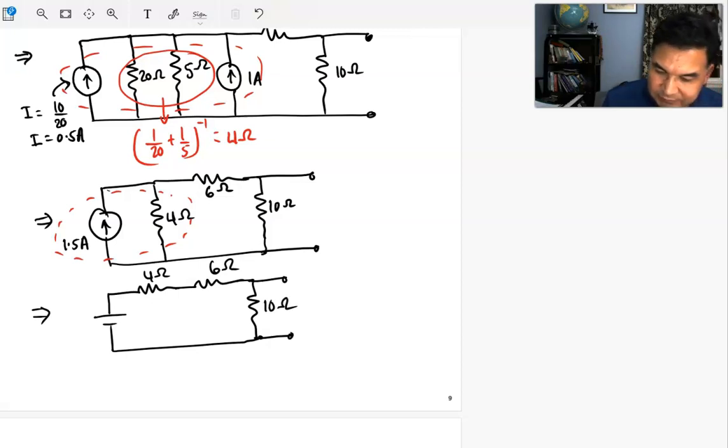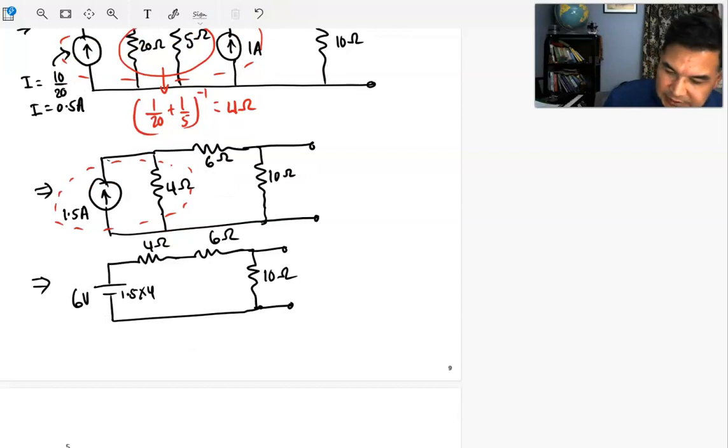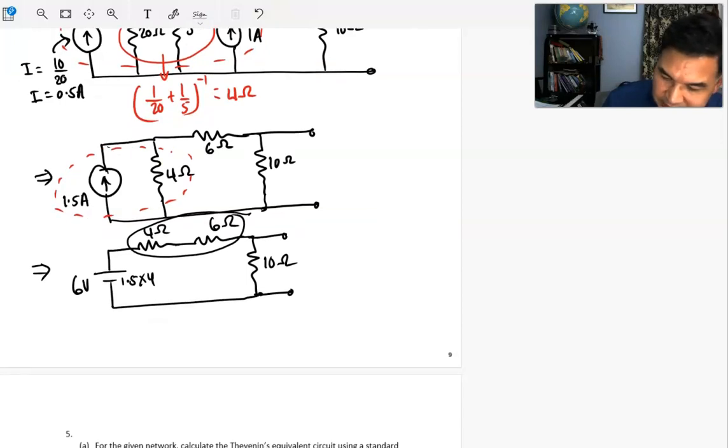And now how much will be the voltage? The voltage will be 1.5 times 4, so this is equivalent to 6 volts. Now these two are in series, so it's a 10 ohm resistor. So finally it becomes 6 volts, and you have a 10 ohm and 10 ohm.